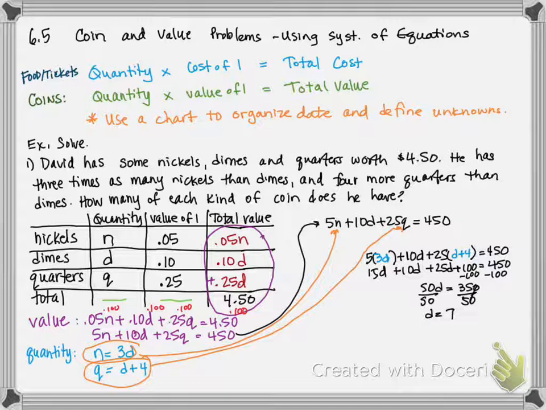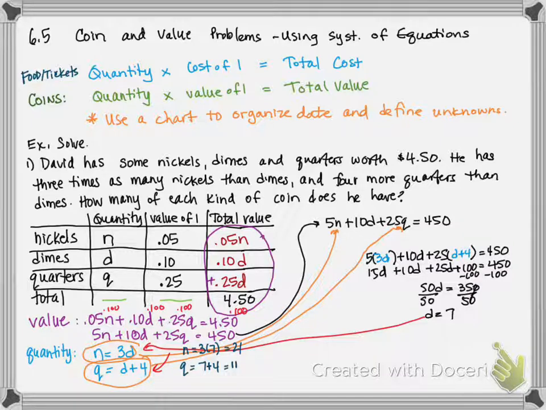So now what I'm going to do with that answer is take it back and substitute it into both of these definitions. So that's now going to give me n is equal to 3 times 7, or 21, so I have 21 nickels, and q is going to be equal to 7 plus 4, or 11.